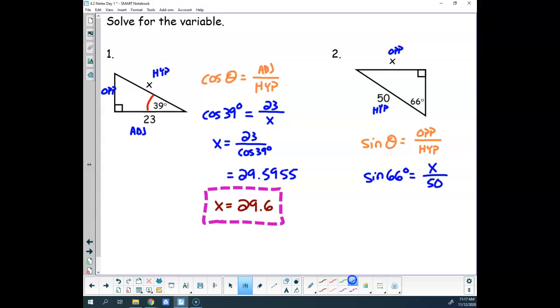We multiply both sides of that by 50. And I get 50 sine 66 degrees.